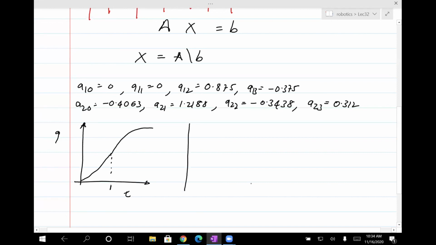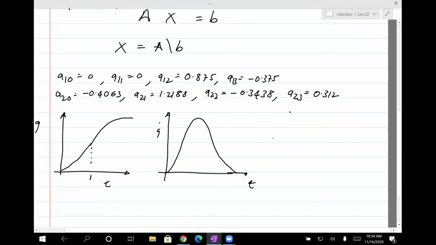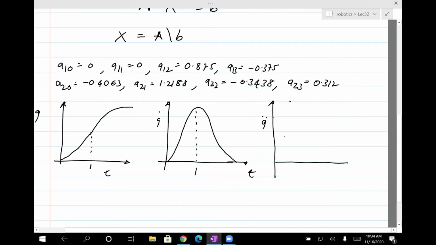And if you look at q dot, it actually looks something like this, where 1 is somewhere here. And then q double dot shows this pattern. This is actually 1, not that, not this piece.